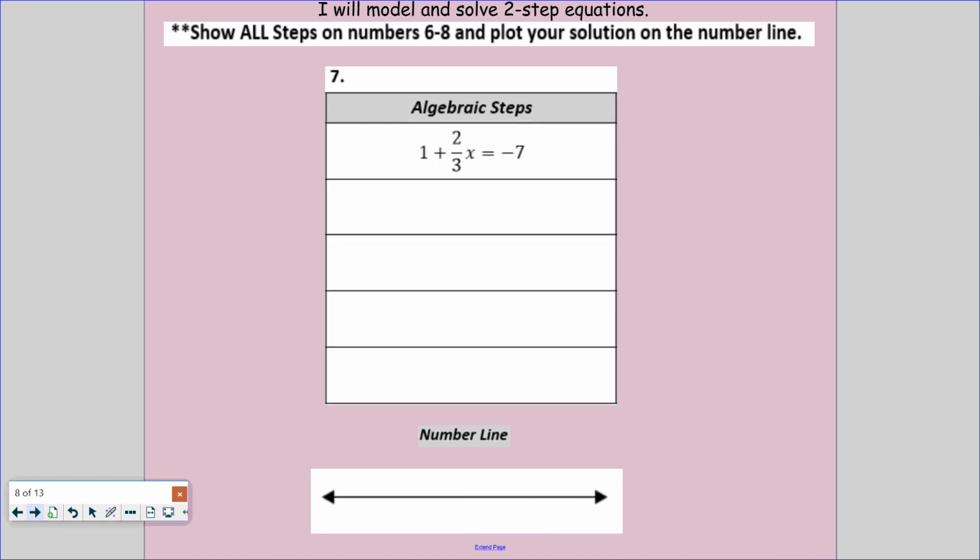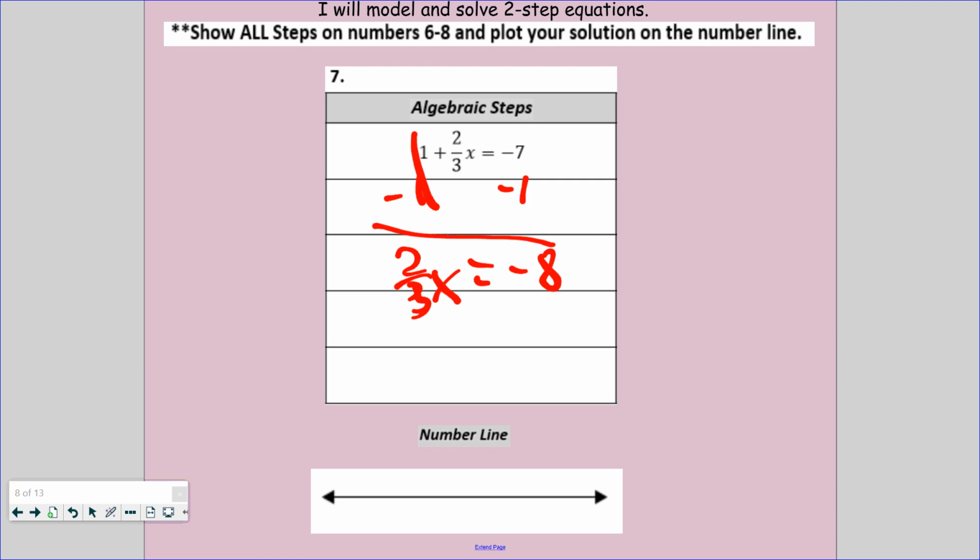Next one. In this example, we need to isolate x. So we subtract 1 from both sides. This cancels out. And let's simplify this. 2/3 x equals -8. So what is the inverse operation of multiply?